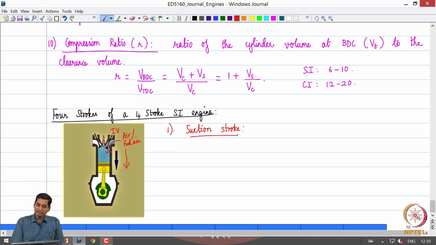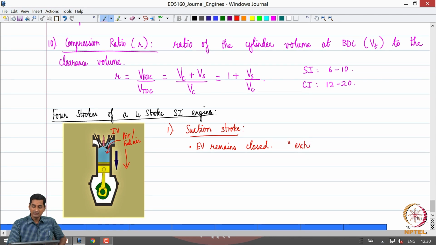The exhaust valve remains closed, because we do not want what is called exhaust gas dilution.